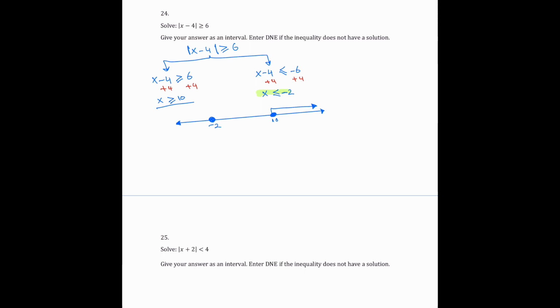The next inequality states that x is less than or equal to negative 2, which means all of the numbers to the left of negative 2. So the solution is going to be both of these intervals united. The first interval goes from negative infinity to negative 2 inclusive, union, and the other one goes from 10 to positive infinity, inclusive of 10.